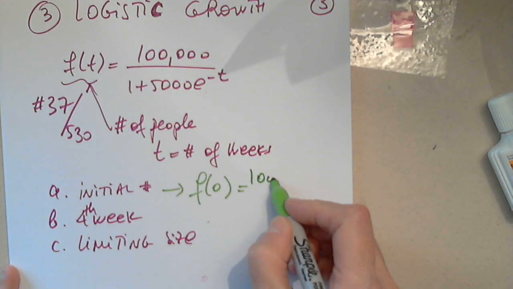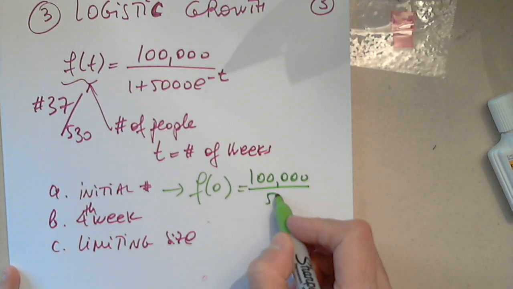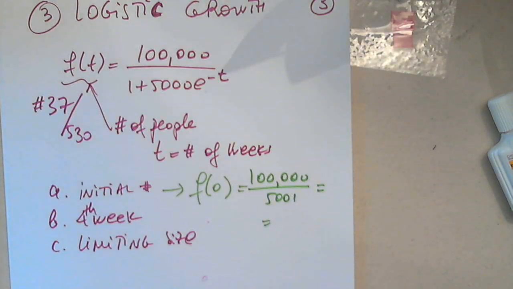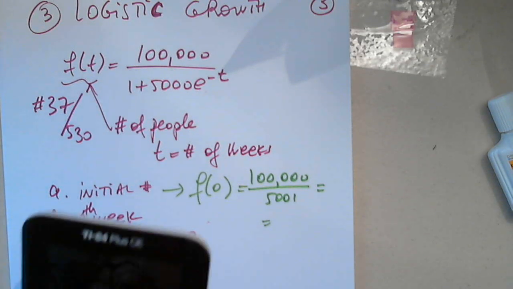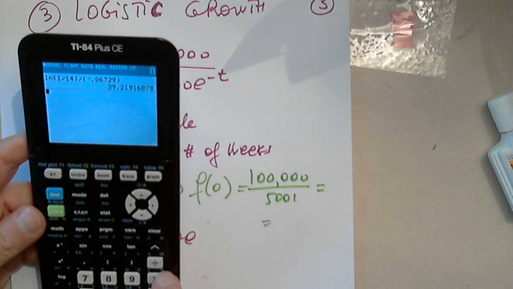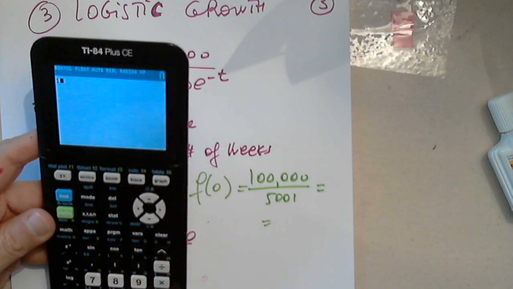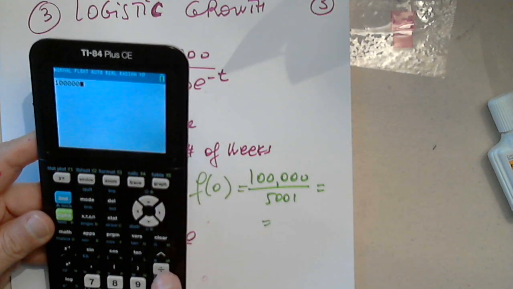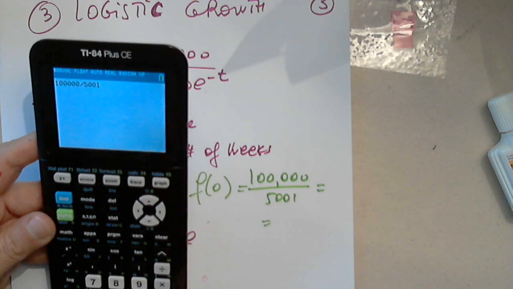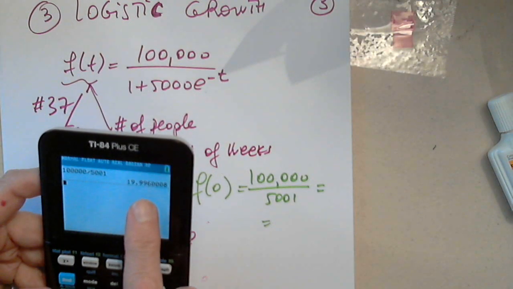So initially 100,000 divided by 5,001. And I cannot round up when it comes to people, or cats, or bats, or mice, or whatever. So 100,000, I shouldn't do this with the calculator, but anyway. So 5,001. So it's 19.99.